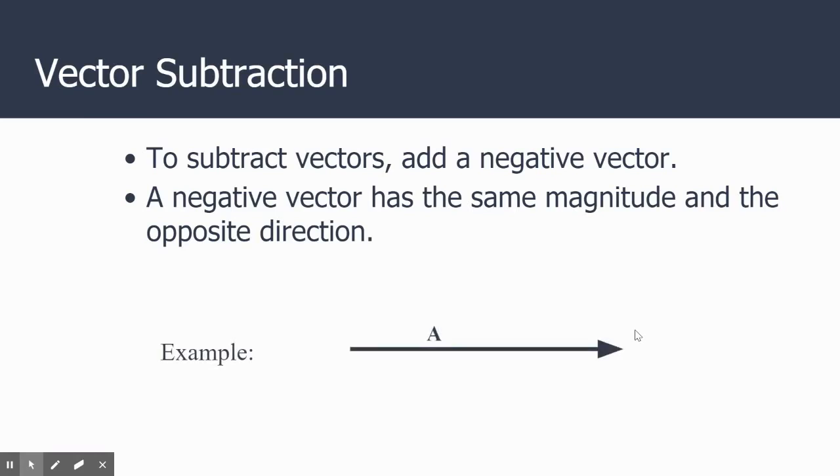Let's see what that looks like. Here's vector A, and there's negative A. So we have a vector, and if we want to demonstrate a negative vector, we flip it, make it go the opposite direction, and call it negative.